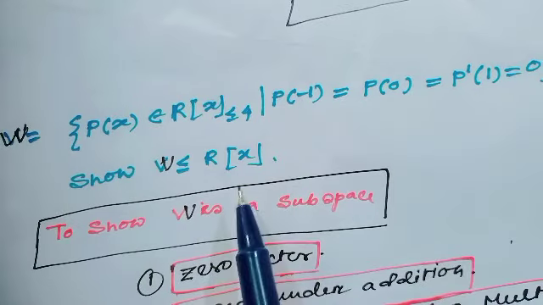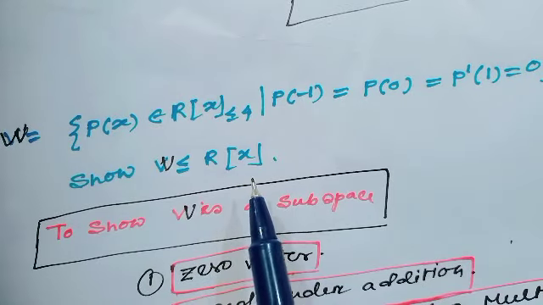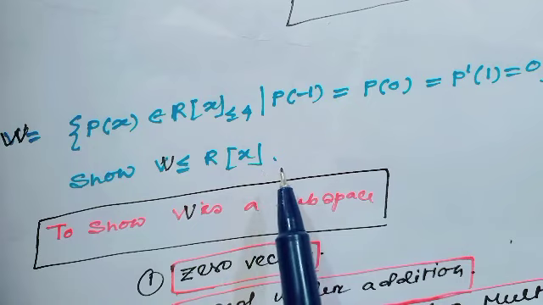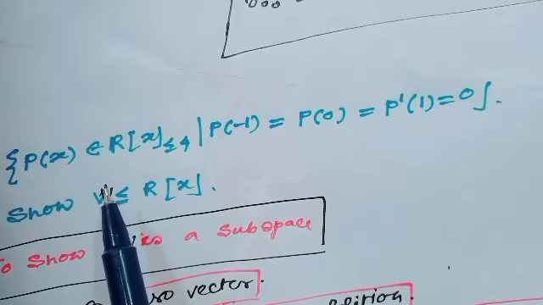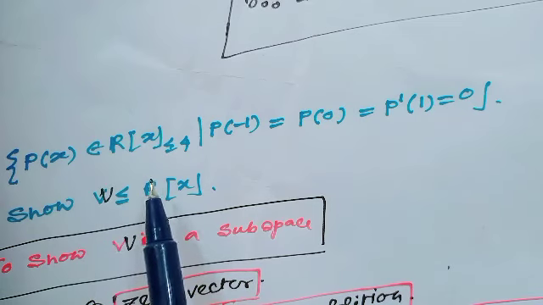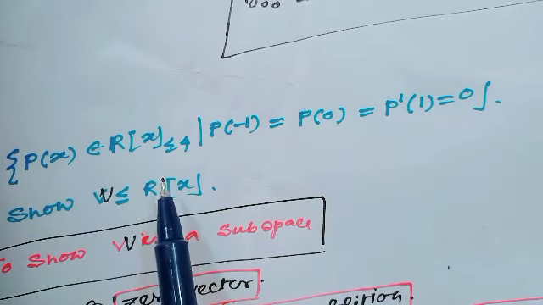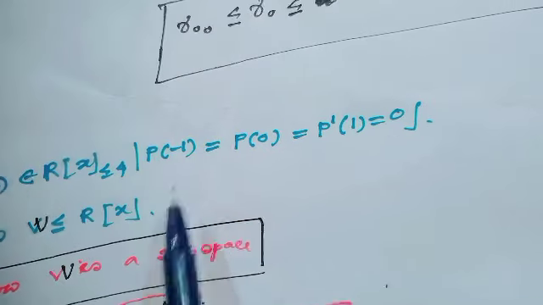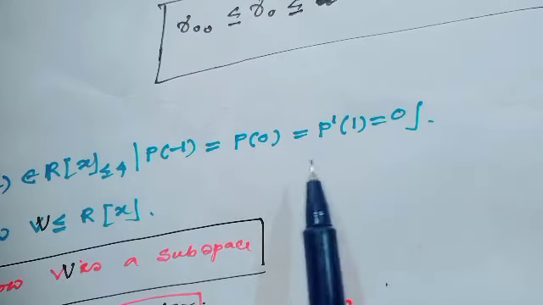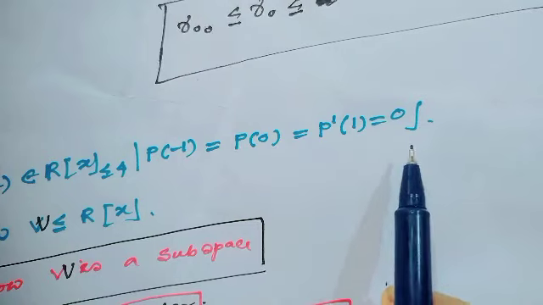Here V is the set of all polynomials whose degree is less than or equal to 4, and the subspace W is denoted as the set of those polynomials belonging to this set such that p of minus 1 equals p of 0 equals p prime of 1 equals 0.